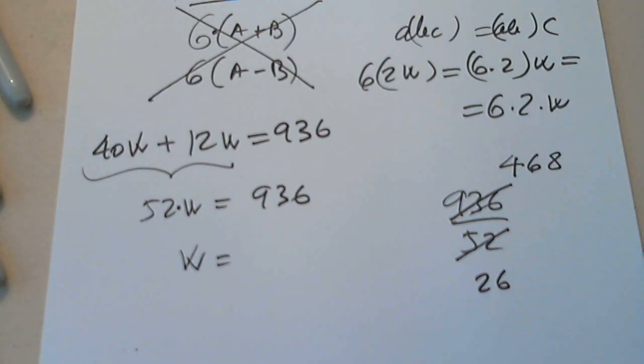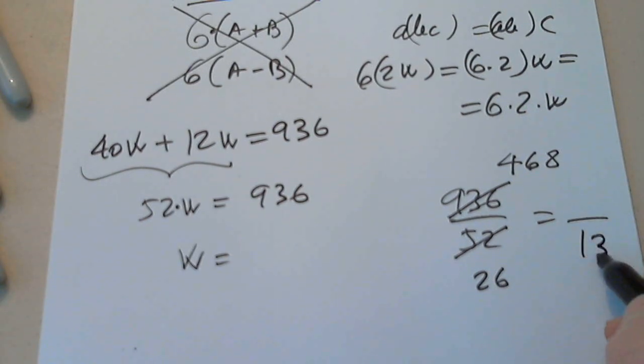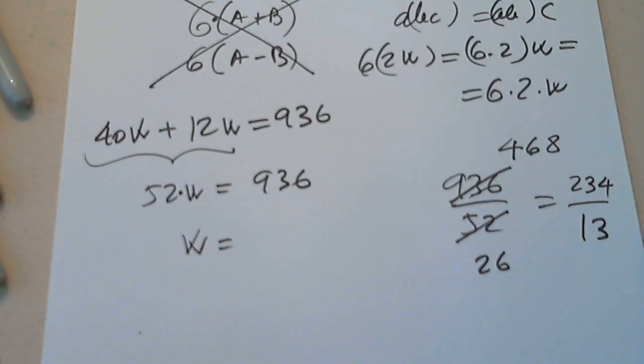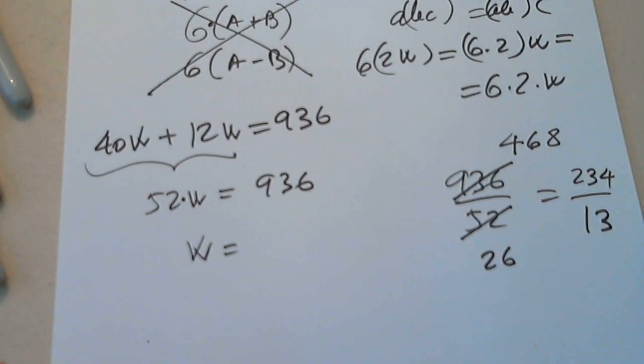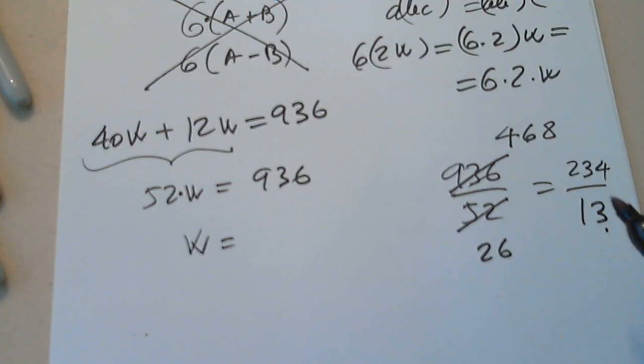They are still even numbers. I will divide by 2 again. 13. And here 234. Now I have no choice. Why? Because 13 is a prime number. I have to check whether 234 is divisible by 13.